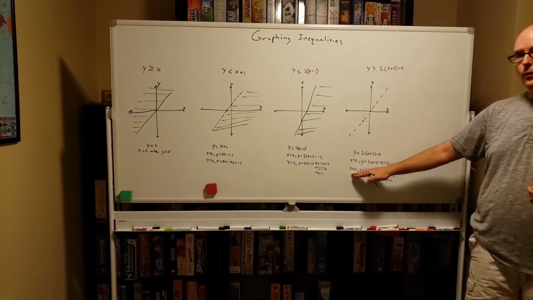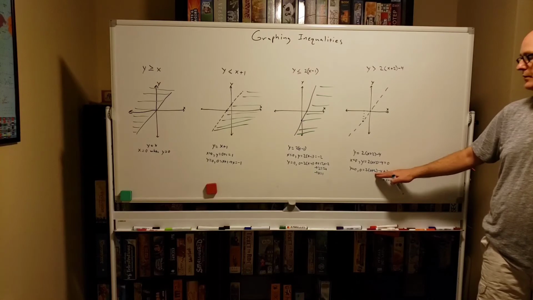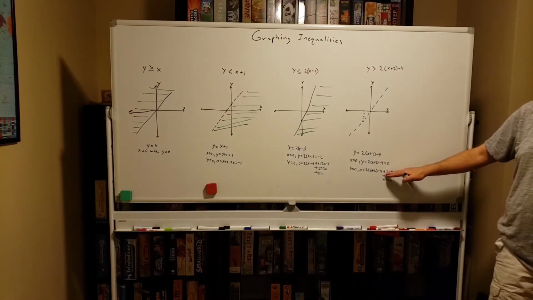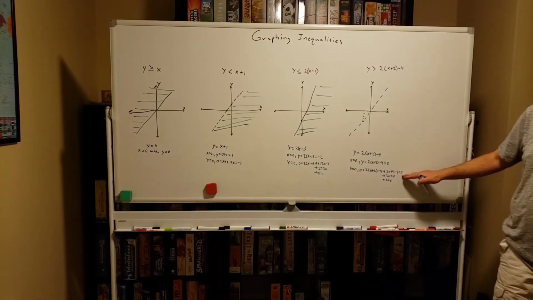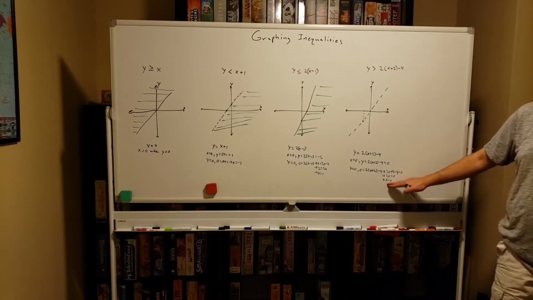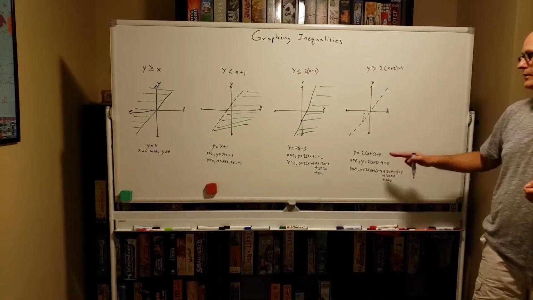If y is equal to 0, 0 equals 2 times the quantity of x plus 2, minus 4. Distributing through, 2x plus 4 minus 4 equals 0. Therefore, 2x is equal to 0. That can only be true if x is equal to 0. Therefore, the x-intercept is equal to 0.